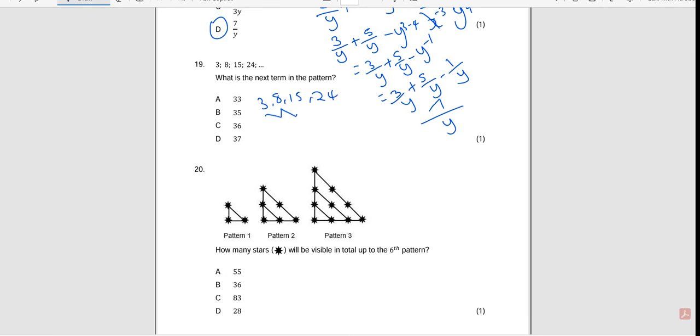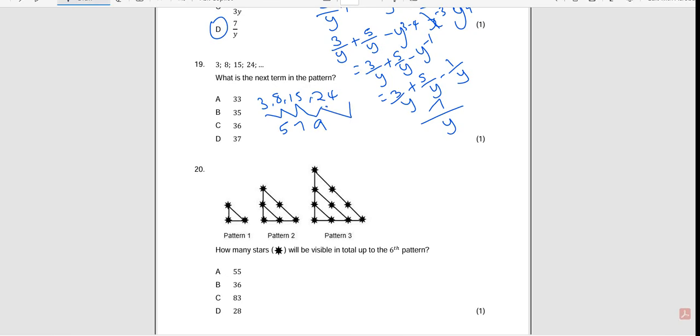Let's check the pattern. How is it going? 8 minus 3 is 5, and then 15 minus 8 is 7, and 24 minus 15 is 9.